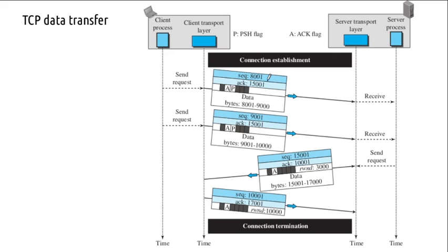You can use 8002 here along with this acknowledgement. It is sending this data, and we'll talk about this push P flag later. So it is transported to the server side process. Here 1000 bytes are sent, so the next sequence number from the client side will be 9001, and the acknowledgement is for 15001, right? It's mentioned again. It doesn't have anything to send.